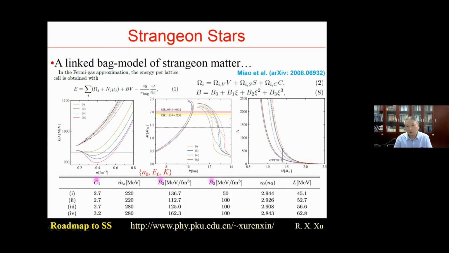So the two-flavored model, the conventional neutron star, could be ruled out. So this could be very interesting in the future.